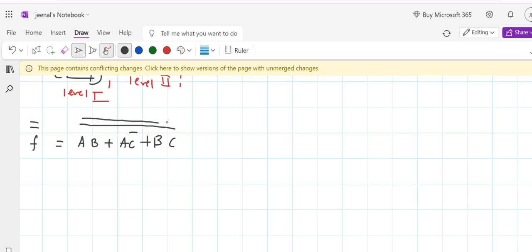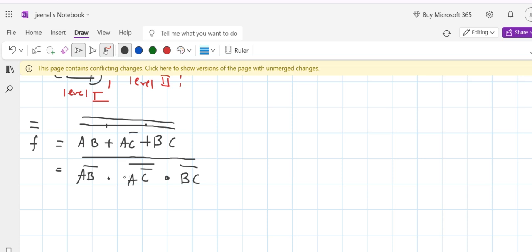Then I use De Morgan's theorem, which says break the bar and change the sign. So we always break the internal bar and not the external one. So I have AB bar, the sign is changed, plus becomes multiplication, AC bar, again multiplication, and BC bar. So I have broken the internal bar, and we have one more bar which is throughout this.